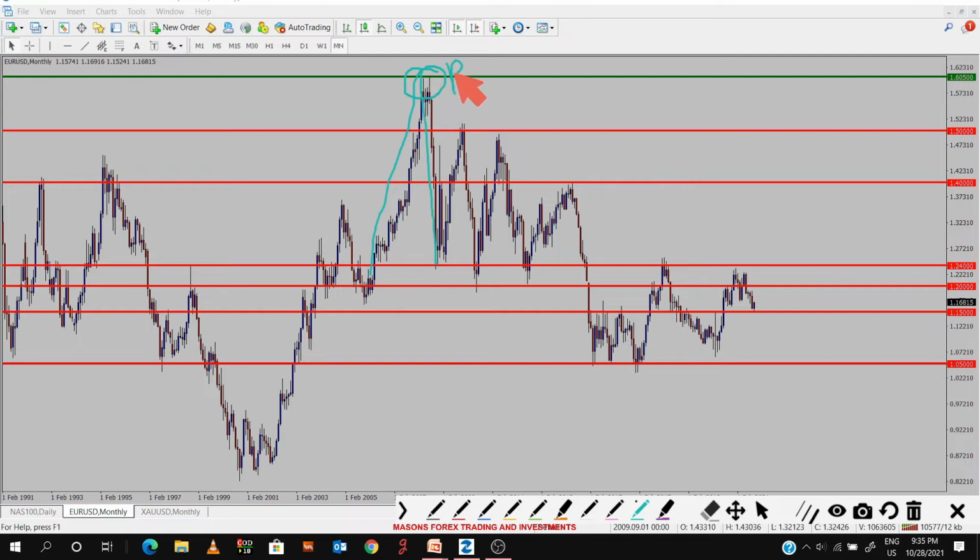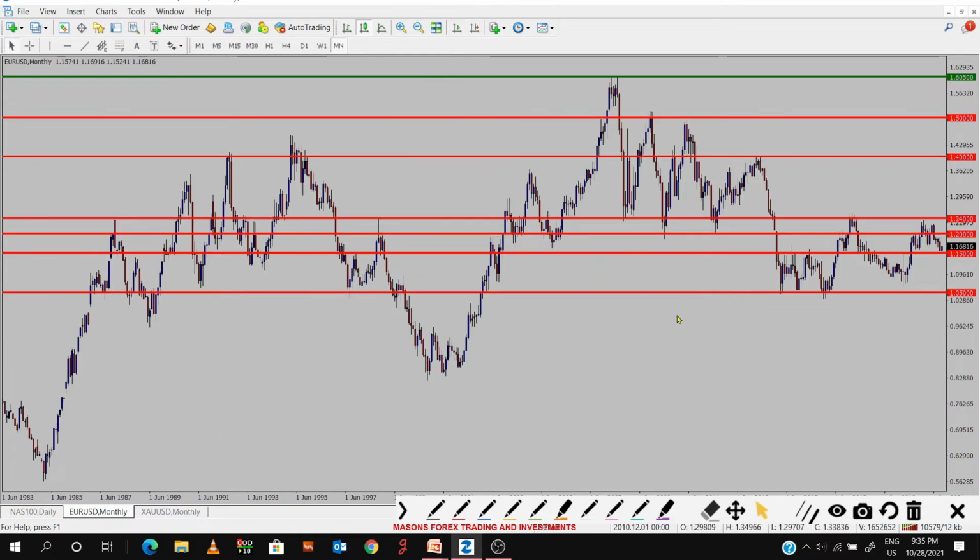This will be called resistance. Again, if you look at the 1.50000 level, we had one resistance point, another resistance point. It's definitely significant to price.